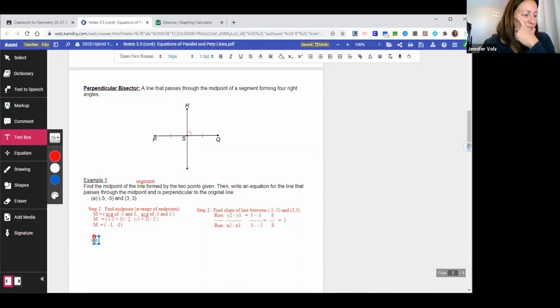All right, the next step, step 3, is to identify the slope of a line perpendicular to that.